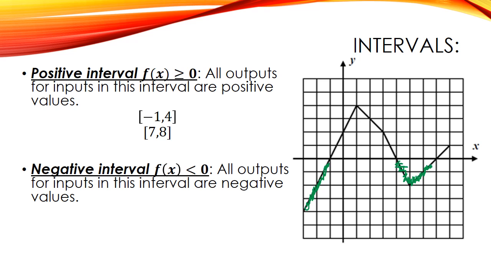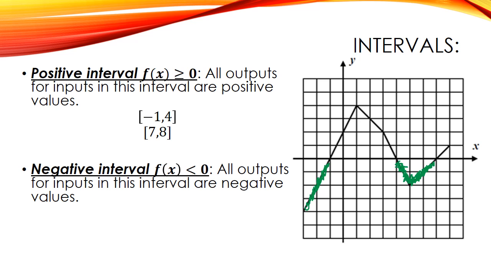These pieces include points where the y values are negative. So again, we can write so many intervals that belong to these three pieces, but remember, we cannot include the points on the x-axis because these points have a y value of 0, which is not less than 0.